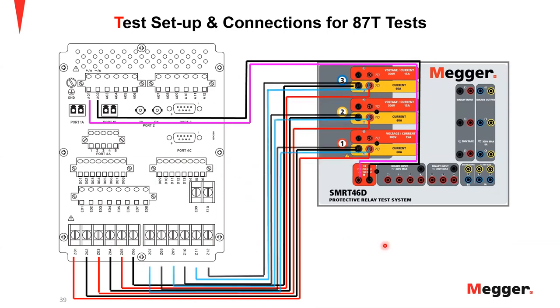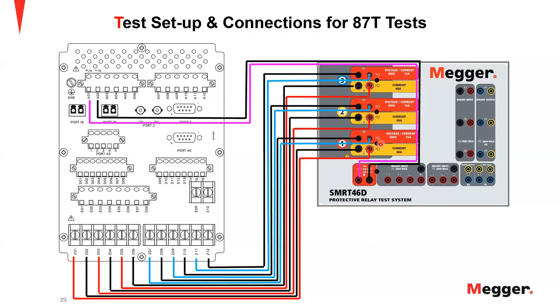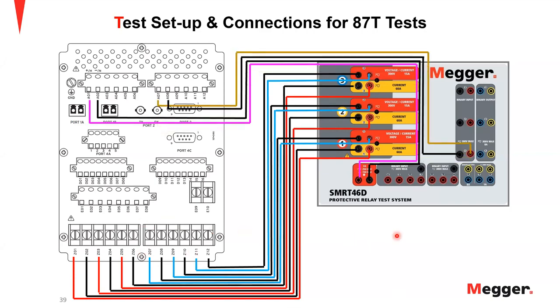The next connection is that I'm utilizing the red colored channels, which are voltage converted current channels. These are the current channels that can be used to provide currents to the winding 2 terminal on your relay. And the last connection is that I have a binary input connected to an output contact I'm using today to monitor for the output contact operation.